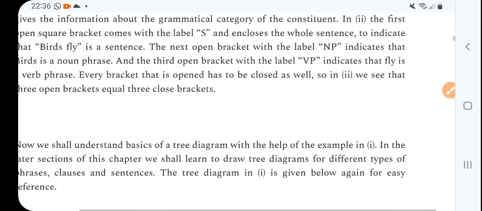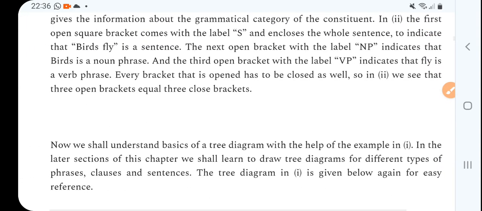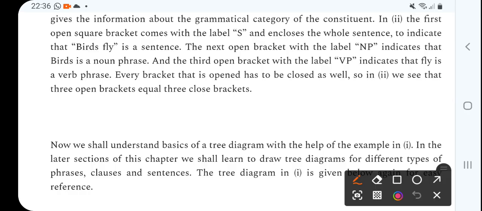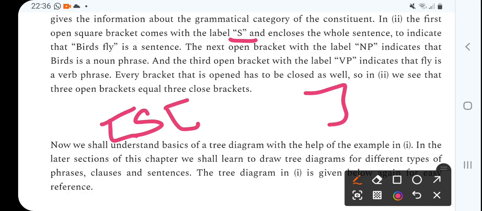In the second, the first open square bracket comes with the label S, which encloses the whole sentence to indicate that birds fly is a sentence. The next open bracket with NP indicates that birds is a noun phrase.